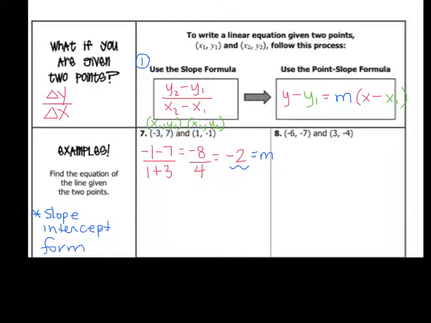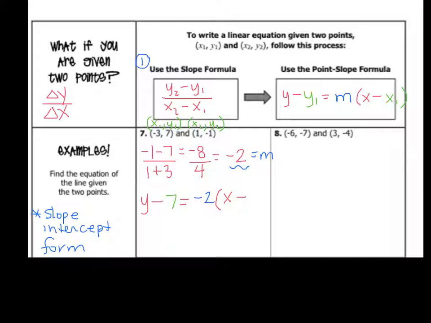Now I'm going to use my formula like I did yesterday. I have y minus, and we chose to use these points as our x1, y1, so my y1 value is 7. So minus 7 equals, now I use my slope, negative 2, times x minus, and your x1 was negative 3.